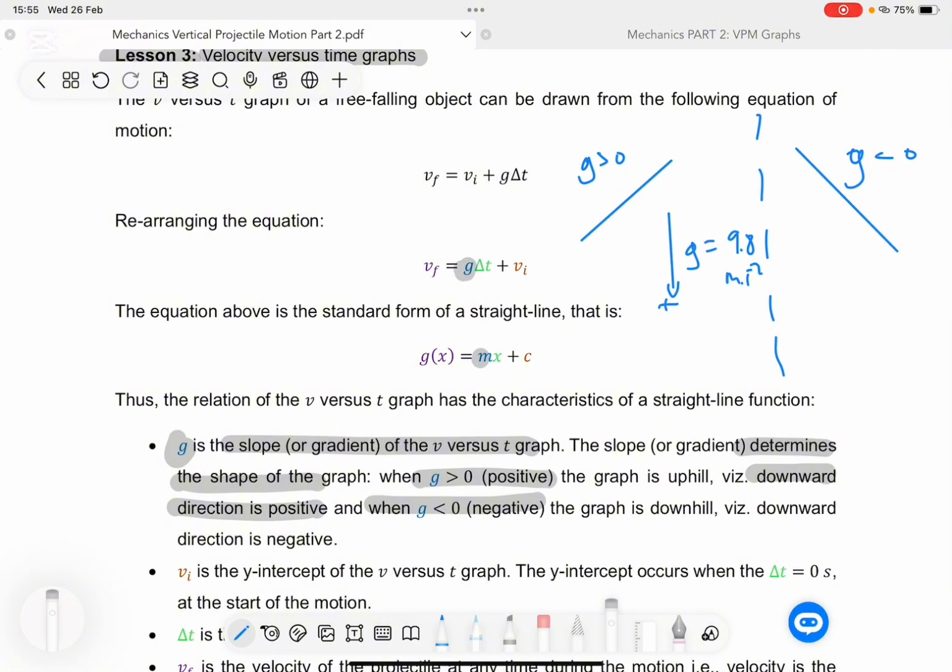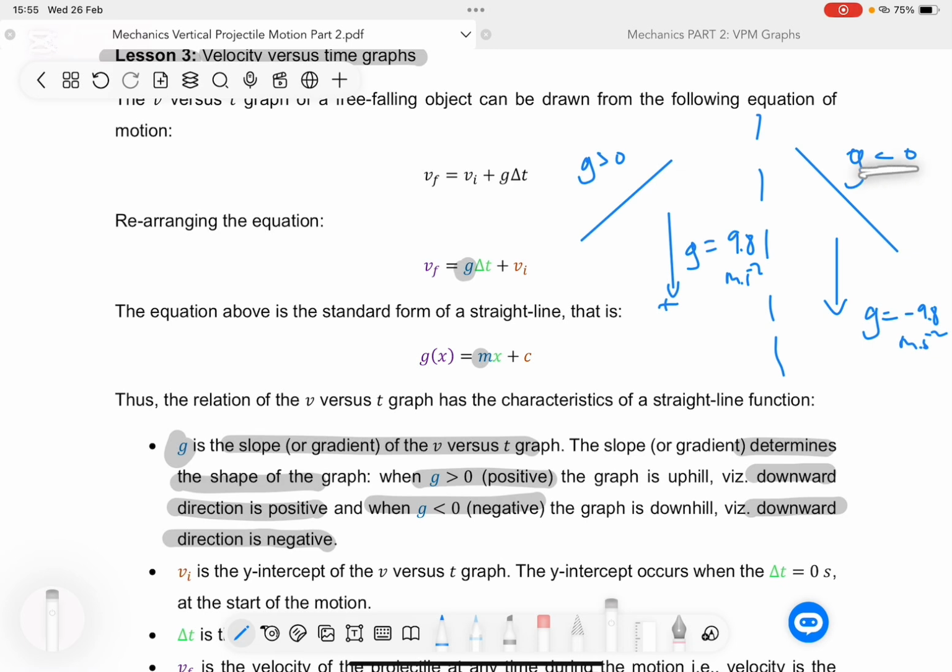In the same way, this would automatically mean that our direction of going downwards is negative, because yes, our acceleration due to gravity always goes downwards. That's why we always talk about the direction of going downwards, and we are saying here that our g is negative, so it's negative 9.8 meters per second squared.